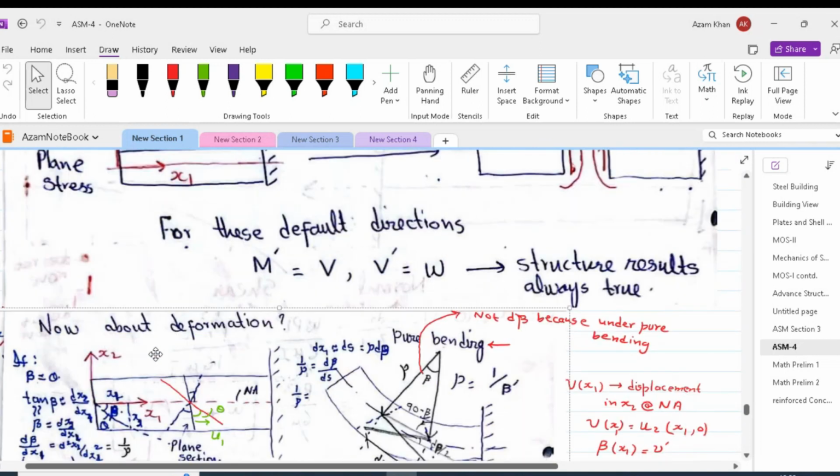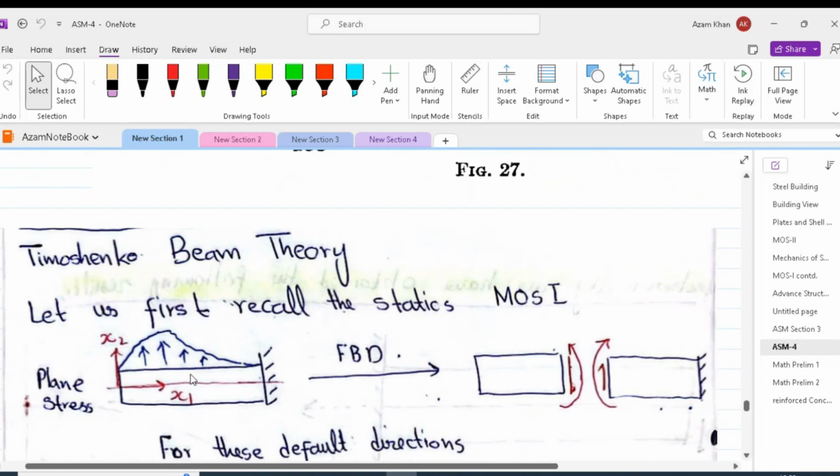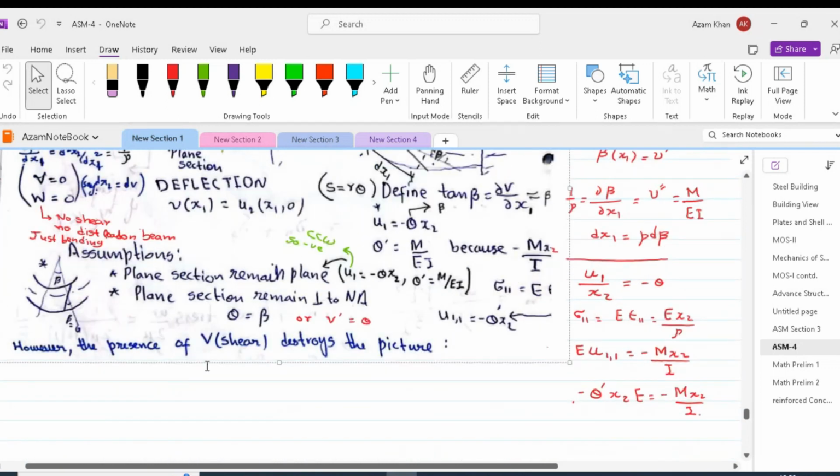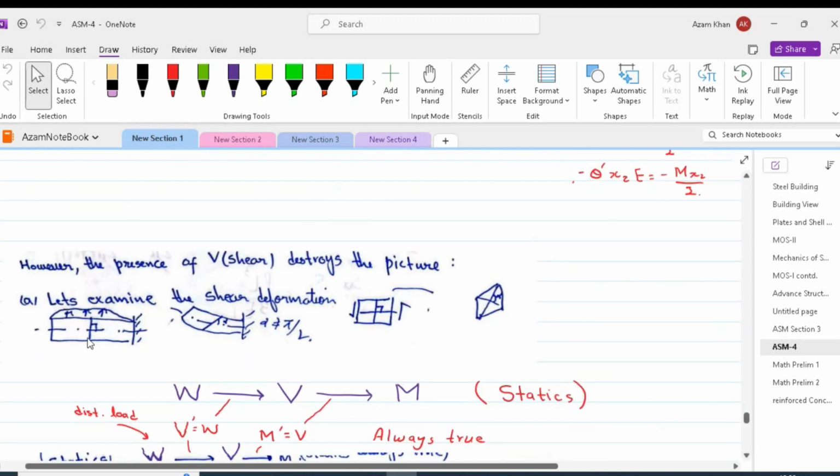However, coming now to Timoshenko beam theory, if we consider shear deformation of the beam, it will destroy this second assumption. If we have a beam which deforms in shear, if this is the neutral axis, in case of shear deformation, a square section will become a rhombus section.